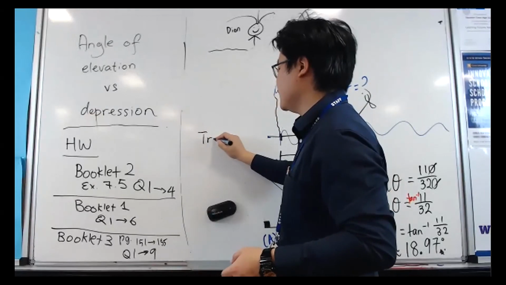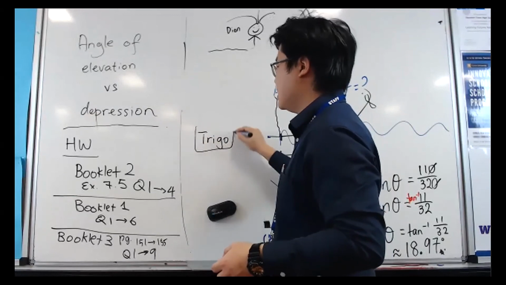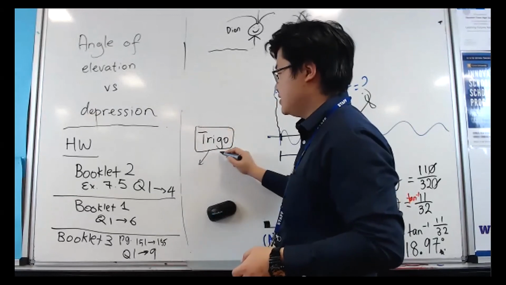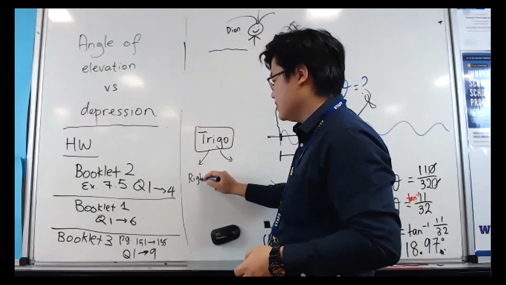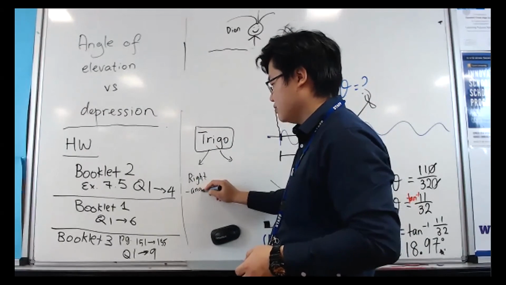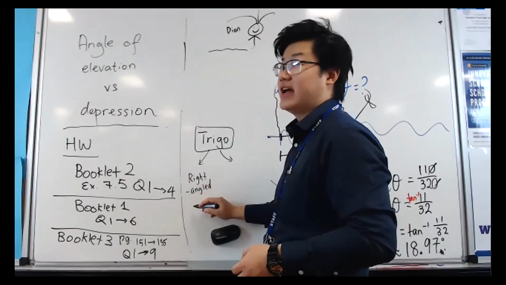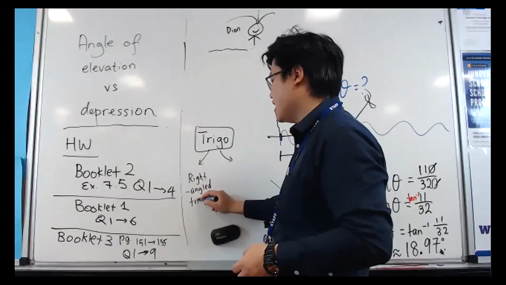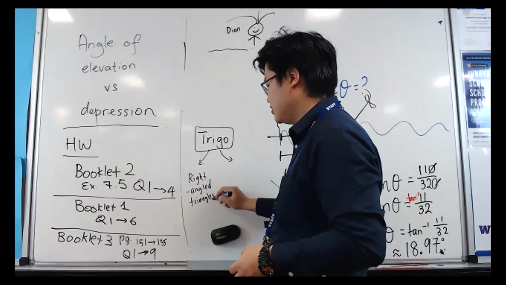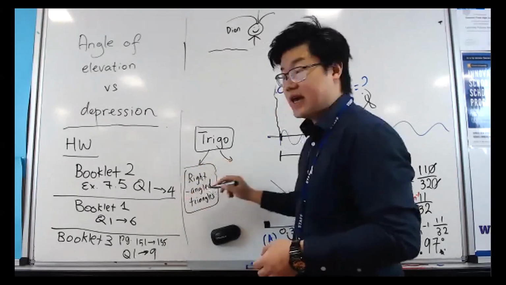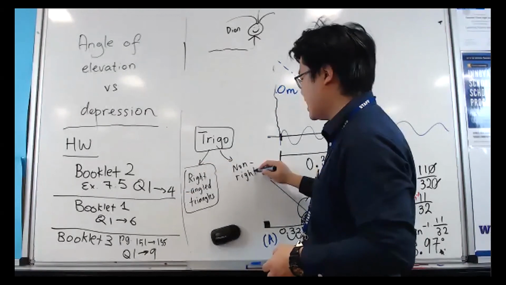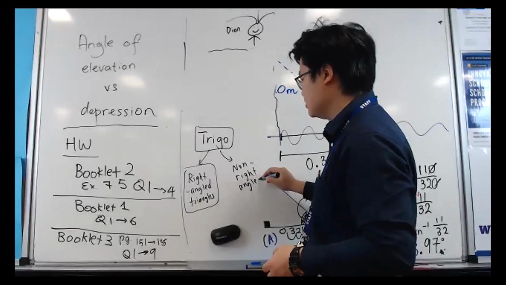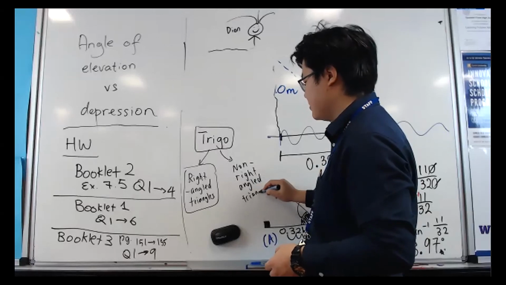I told you that there are 2 types. I don't know how many of you still remember that. There's the first type, right angle trigonometry, which is trigonometry for right angle triangles, and there's non-right angle triangles.